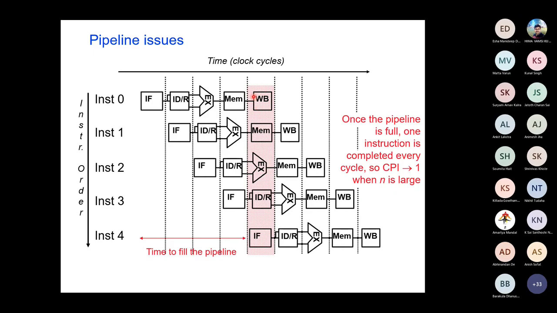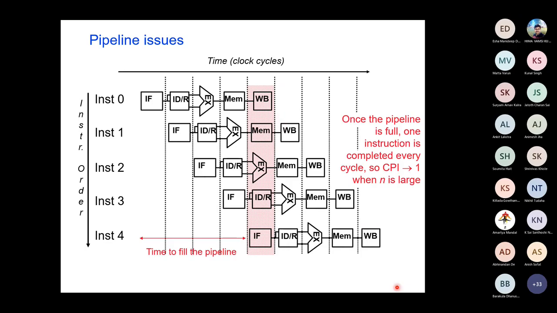Write back means I am writing to a register, right? I'm writing to a register file here, and here I am fetching an instruction, instruction 4. As I mentioned just now, once the pipeline is full, every subsequent instruction finishes in one clock cycle.